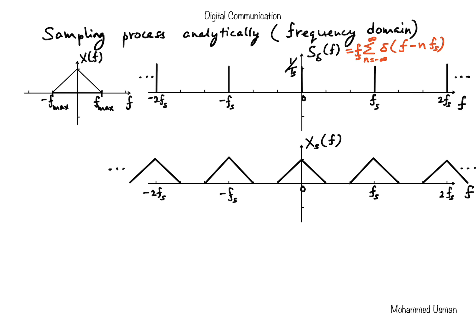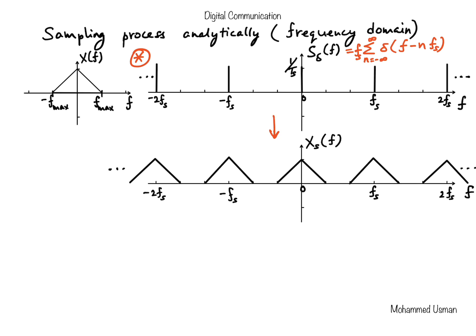Now in the frequency domain, the equivalent process of multiplying the time domain signals is convolution. So multiplying x of t and s delta of t corresponds to convolving x of f and s delta of f. So the process that's going to happen here between these two spectra is convolution. Convolving these two will produce our spectrum of the sampled signal, which we denote as Xs of f.